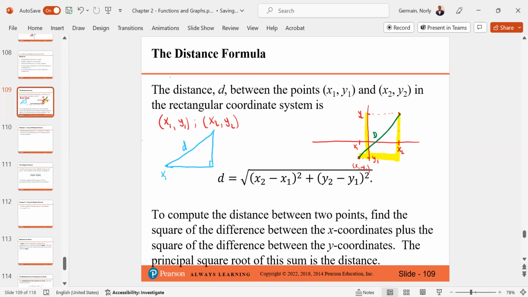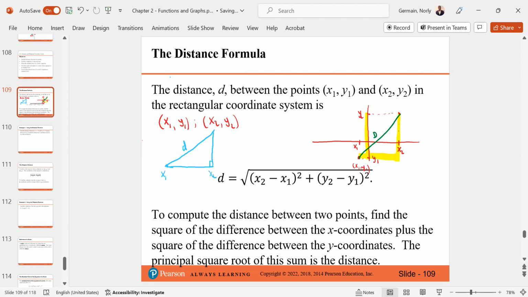The distance that we need to find is represented by D. Remember, there should be another x2 here.